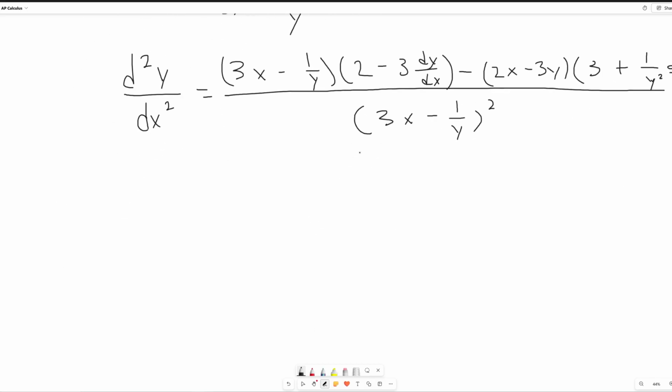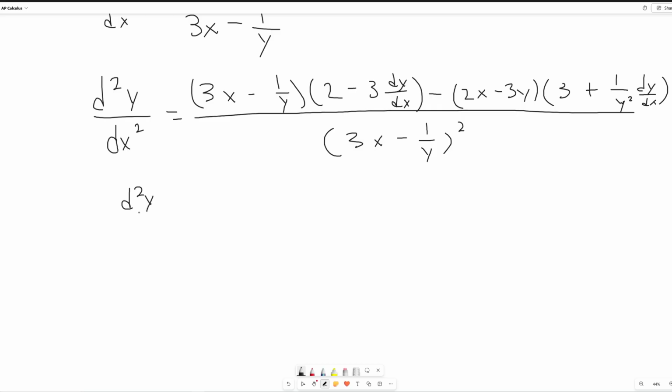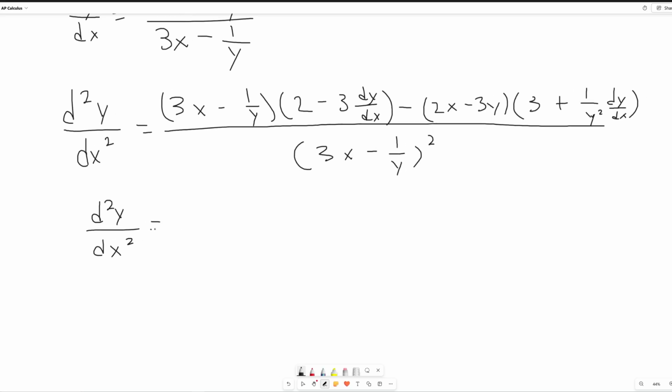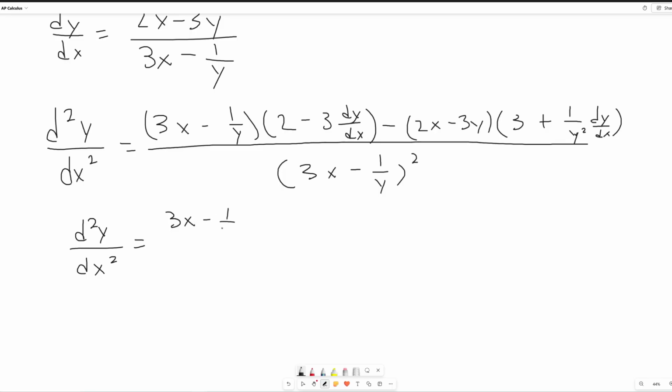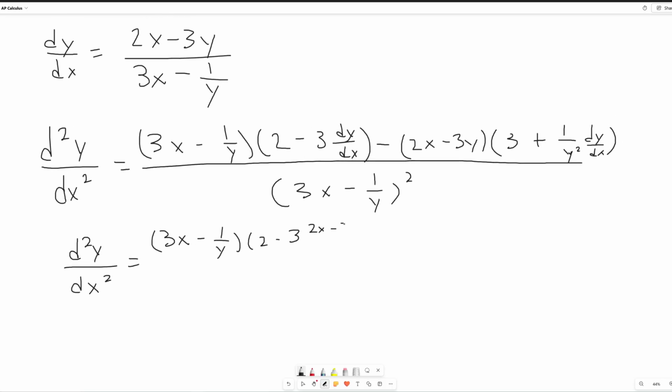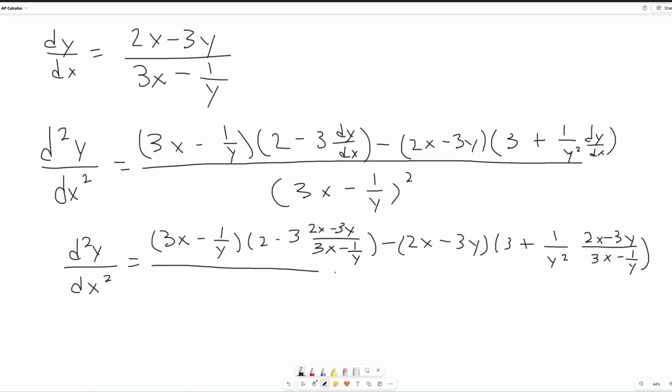And now, this is going to be our long answer, which I'm going to try to make small. 3x minus 1 over y times 2 minus 3 times 2x minus 3y over 3x minus 1 over y, minus 2x minus 3y times 3 plus 1 over y squared times 2x minus 3y over 3x minus 1 over y, all over 3x minus 1 over y squared.